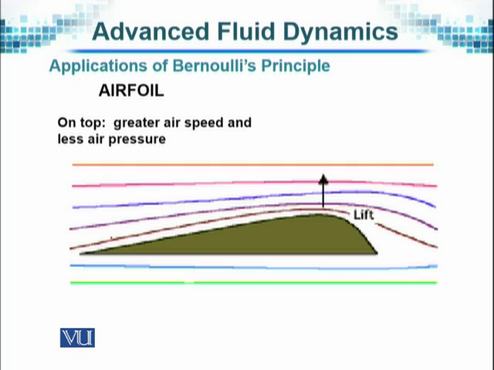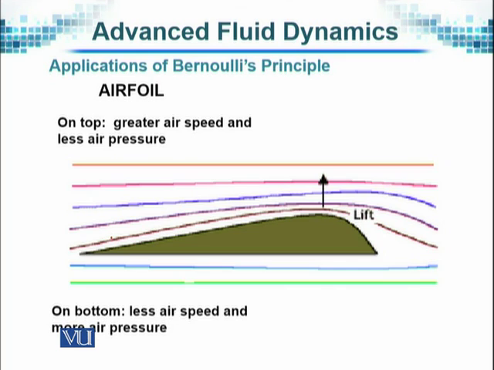We are repeating the same thing: greater air speed on the top means less air pressure, and when the pressure is less, it sucks in more air. A flow field takes place because of the pressure difference. Therefore we have a lift which acts in the upward direction and pushes the aeroplane upward.